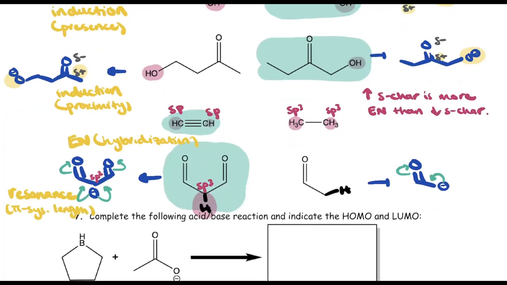Here you see that we're making this into a 5-atom pi system, whereas over here we're making this into a 3-atom pi system.